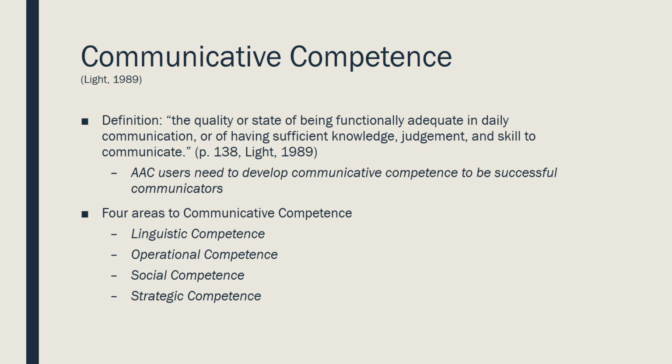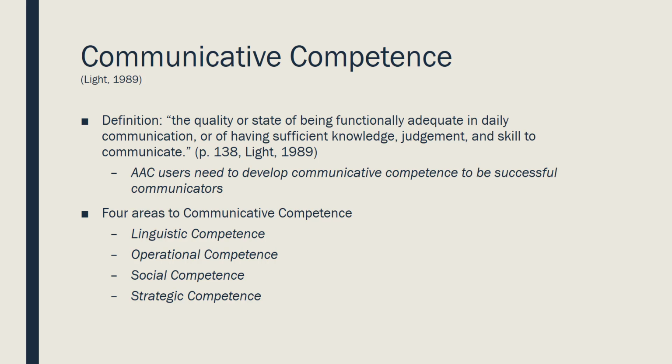How does communicative competence relate to AAC? Well, a person who uses AAC needs to develop communicative competence in order to be a successful communicator. This is achieved by developing knowledge, judgment, and skills in the 4 areas of communicative competence.